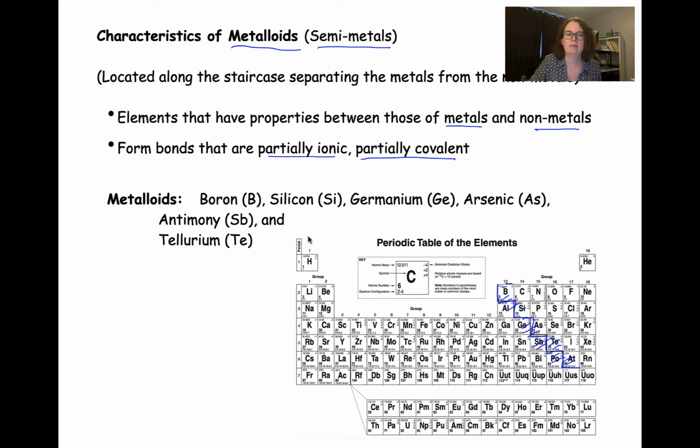So they're right in the middle between our metals and our nonmetals. And here's a list of them. If you remember that they fall along this staircase or step line, you definitely don't need to memorize that. So: boron, silicon, germanium, arsenic, antimony, and tellurium.